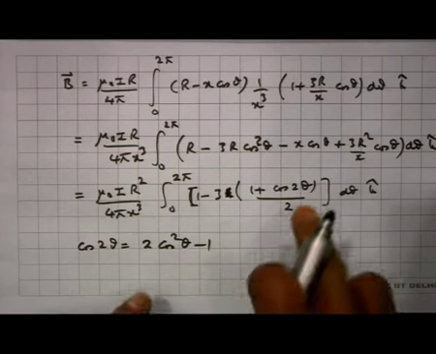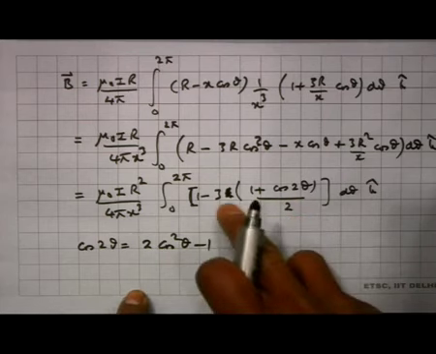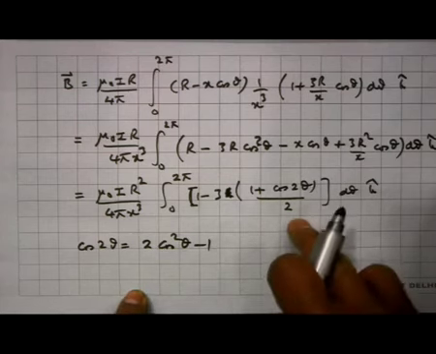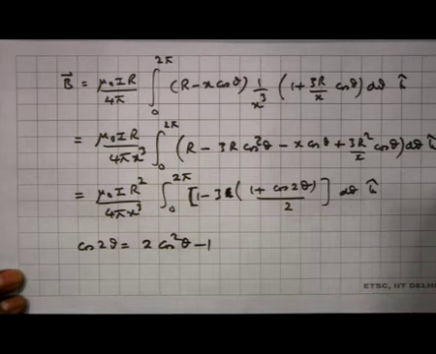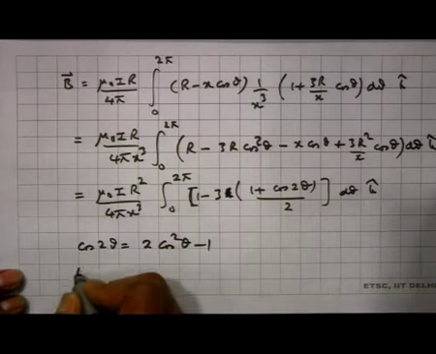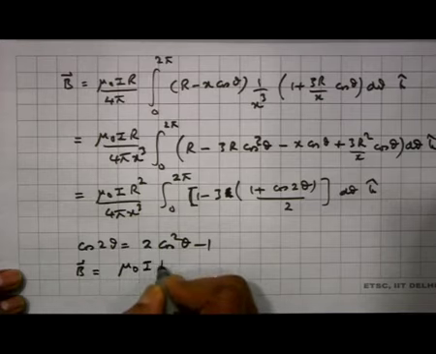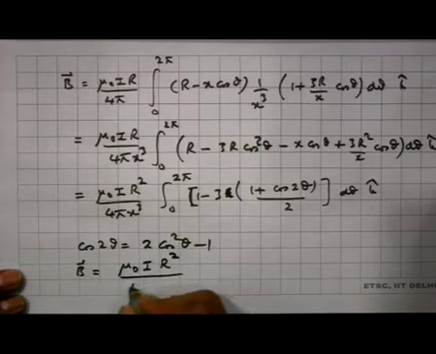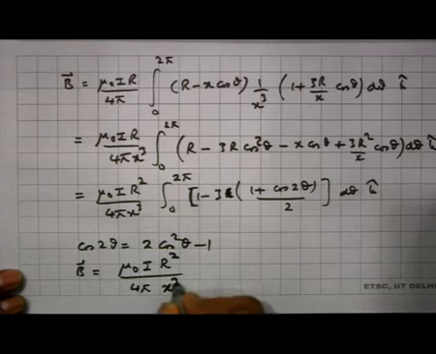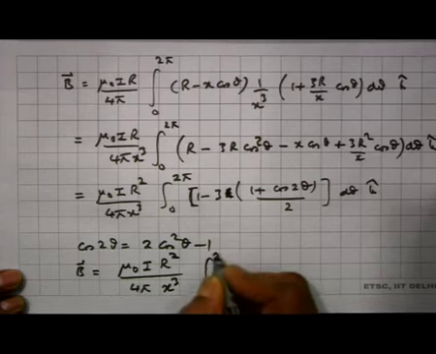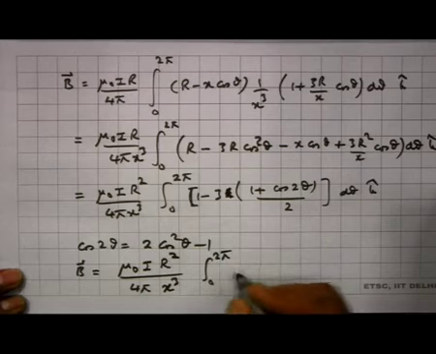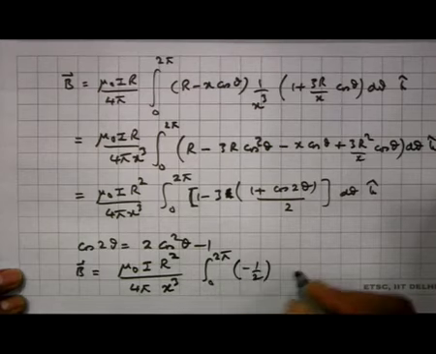Now, again if I open this up, I get 3 by 2 and 3 cos 2 theta by 2. The cos 2 theta integral will become 0, and I will get finally an expression for B equal to mu 0 I r square by 4 pi x cube, integral 0 to 2 pi of (1 minus 3 by 2), which is minus half, d theta.